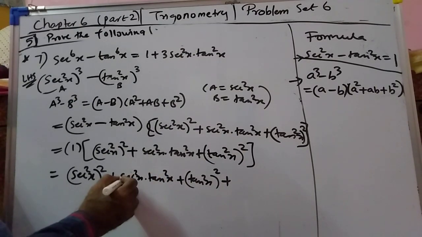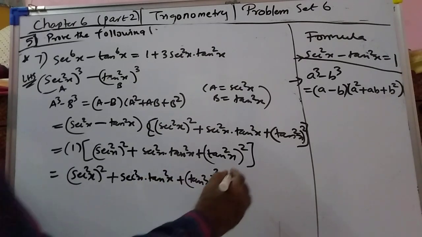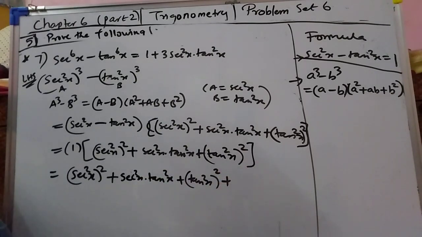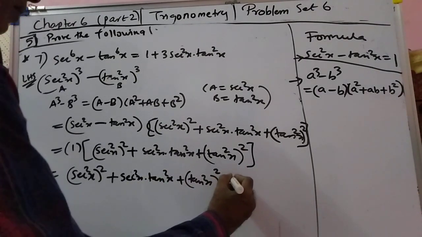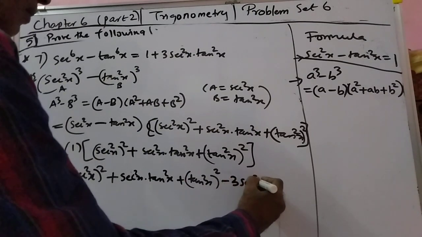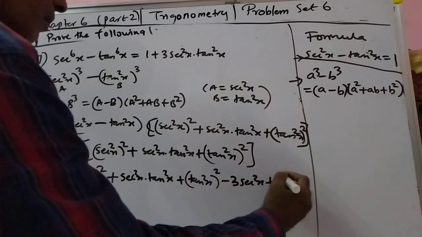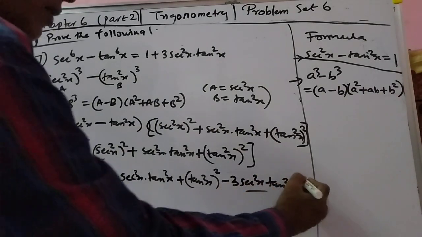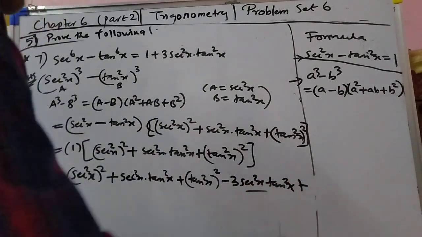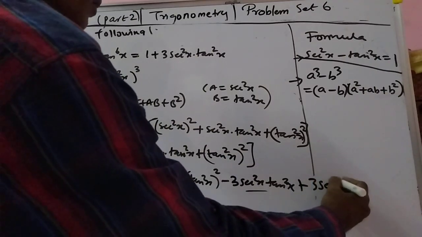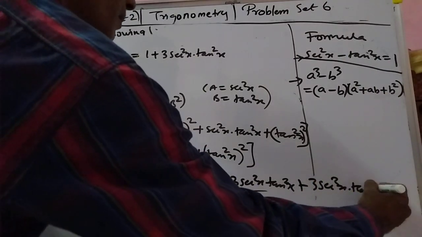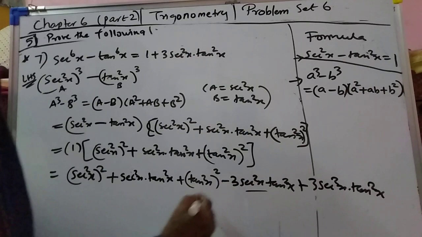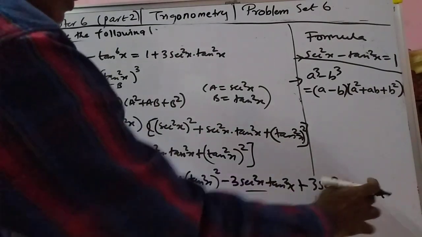Here one time is given, take it as three times again. We took this, that's why I take plus 3 sec square x dot tan square x.